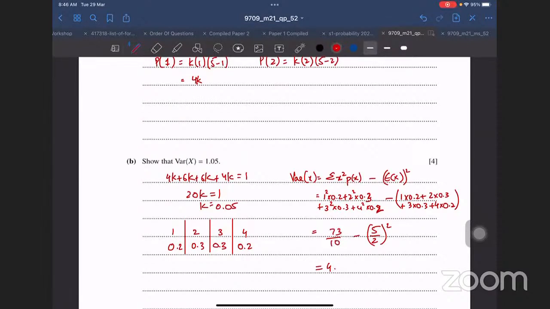A small error when writing this gave me the wrong answer. That's correct.